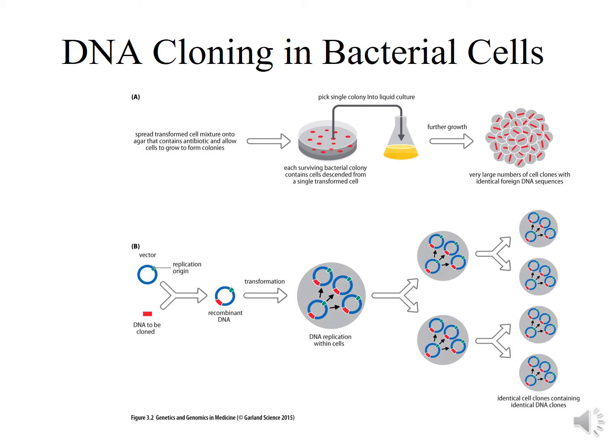Growth occurs originally in a solid medium after the transformed cells have been spread out on a plate of agar containing a selective antibiotic. Individual cells will be physically dispersed to different parts of the plate, and individual surviving cells, those that harbor the recombinant plasmid with the selectable marker, then go through several rounds of cell division in situ to form separate viable colonies.